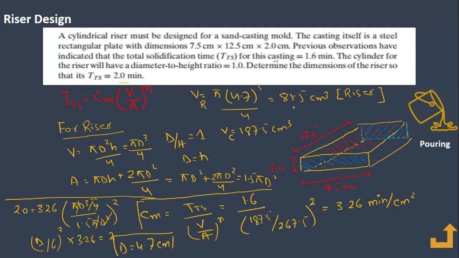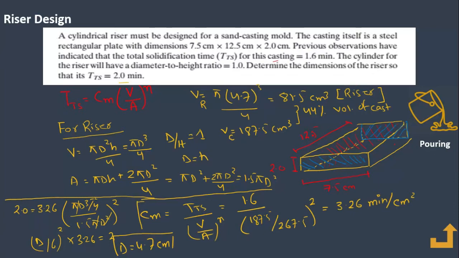That was for the cast product, and this is for the riser. So we can see the difference between them. Approximately, the volume of the riser is only 44% of the volume of the casting, but still its time for solidification is higher than the time required for the casting to solidify.